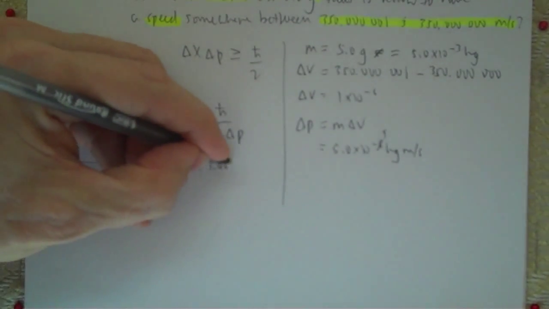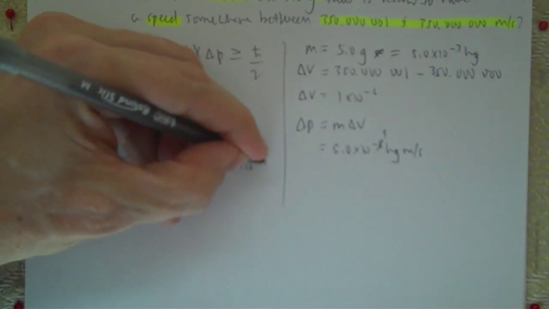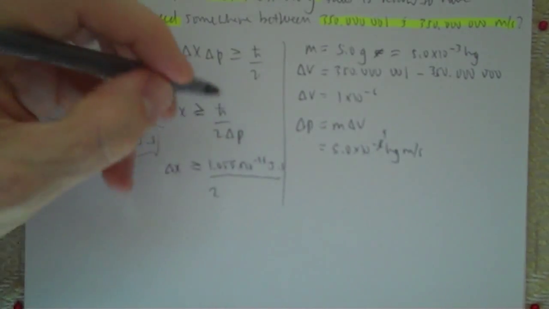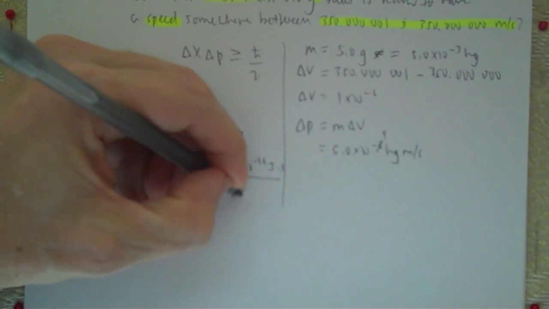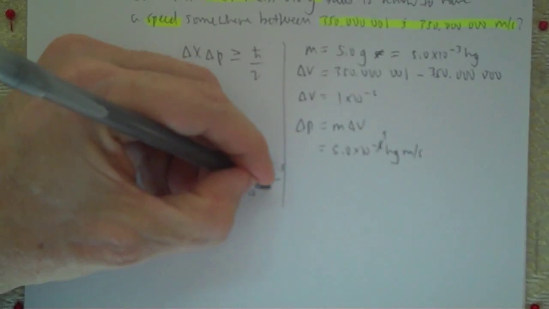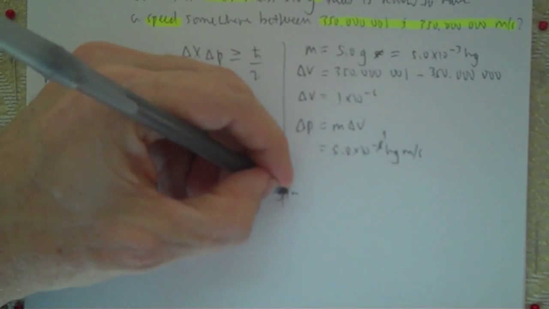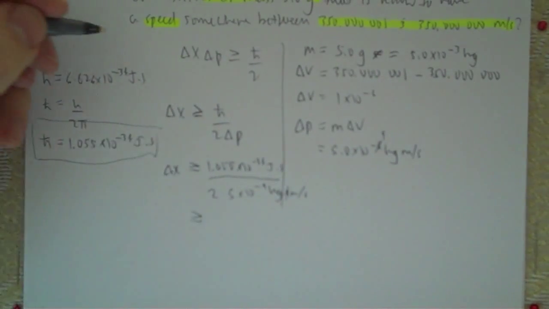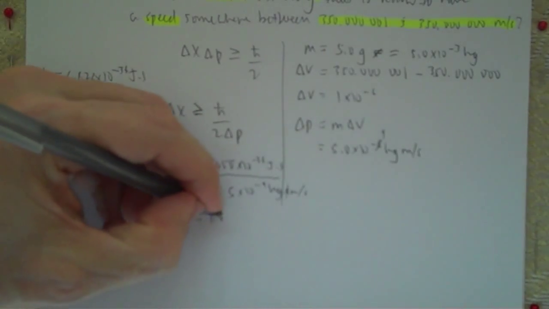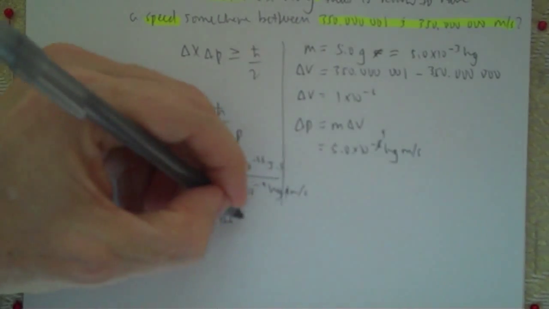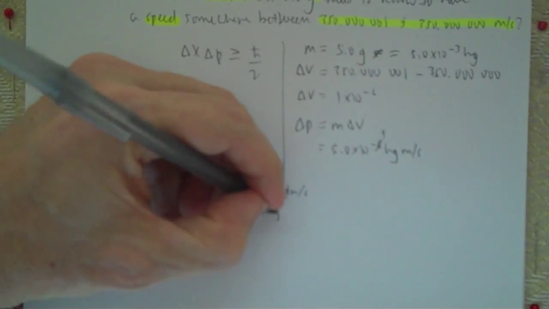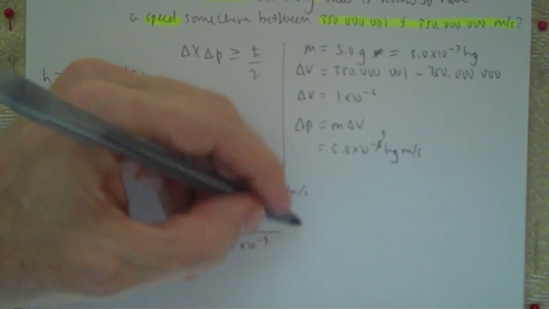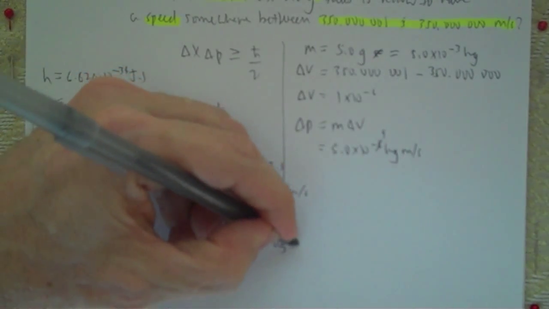So 1.055 times 10 to the negative 34 joule seconds over 2 times 5 times 10 to the negative 9 kilogram meters per second. So this goes to 1.055 times 10 to the negative 34 joule seconds over 10 times 10 to the negative 9 kilogram meters per second.